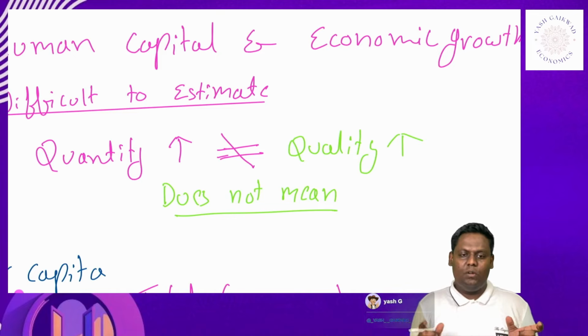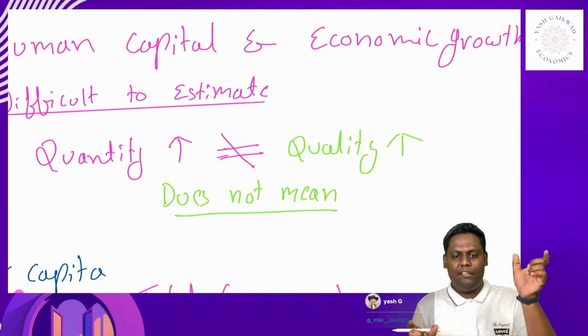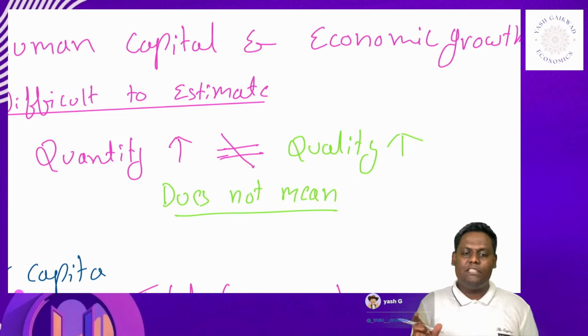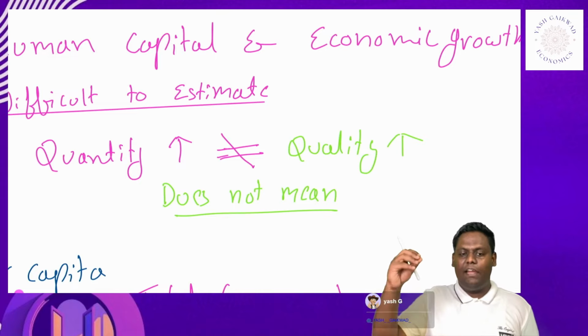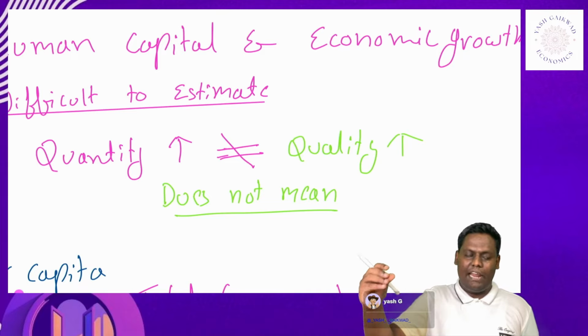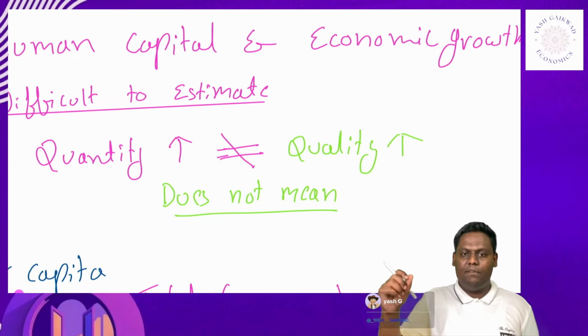The answer is no, because although we have seen that the enrollments have increased, there is no standard way of measuring the quality of education that these children are getting, and whether they are equipped with the right kind of skill set and knowledge that the market requires at that particular point of time.